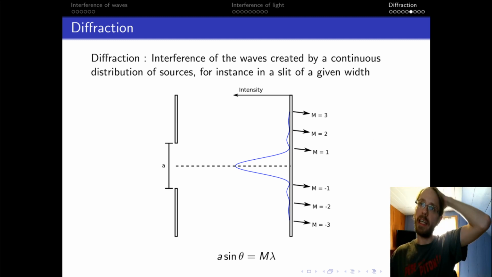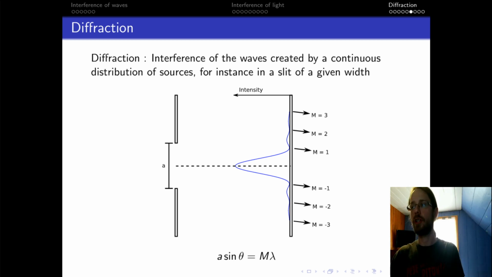The result we get from the demonstration of how all of these sources interfere together is the equation at the bottom of the slide, which has the following meaning. Theta in this relation is again the angle from which we measure at the center here to a point on the screen. And the values of theta that respect this equation correspond to the location of the minima of intensity, meaning where we have dark fringes.